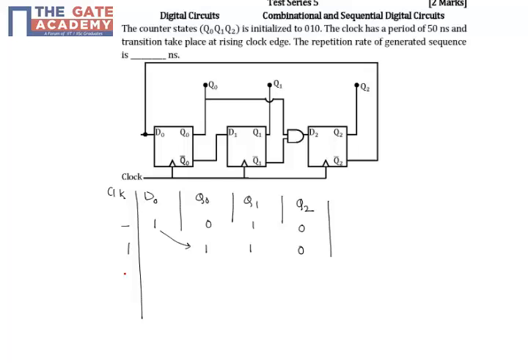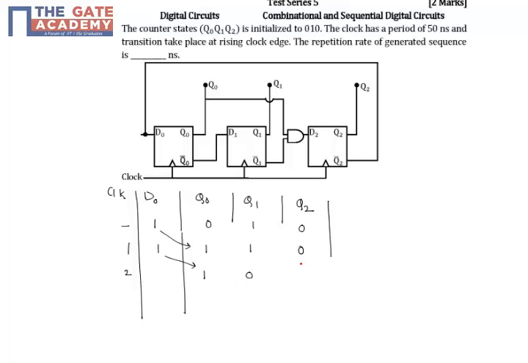And similarly the second clock pulse. So because of these values, how much will D naught generate? D naught is nothing but Q2 bar. So Q2 is 0, Q2 bar is 1. So second clock pulse, this one shifted to here, and Q1 which is nothing but Q naught bar. Q naught is 1 earlier, so this is 0.